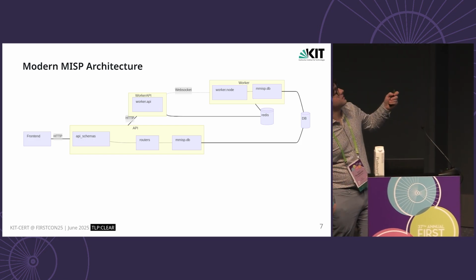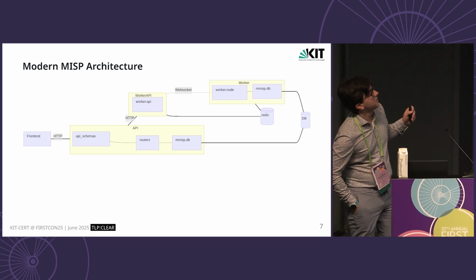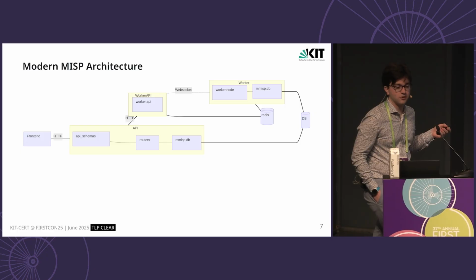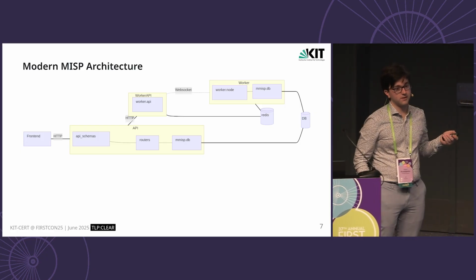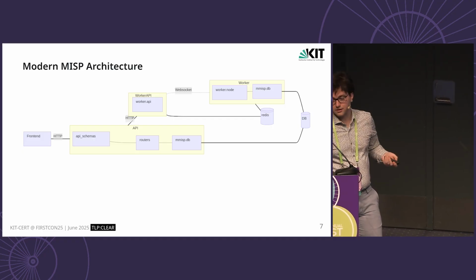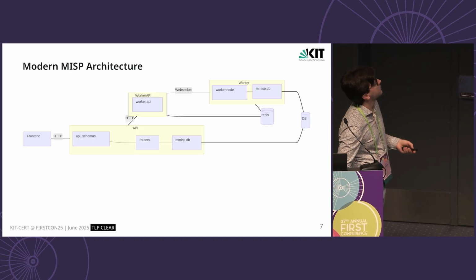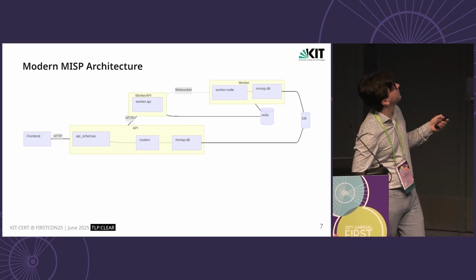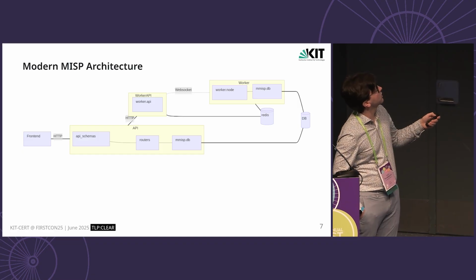Or sometimes MISP stores dictionaries and lists as JSON-coded strings in the database, and we just introduced our own type for that. So we can use them in the API and in the worker package.